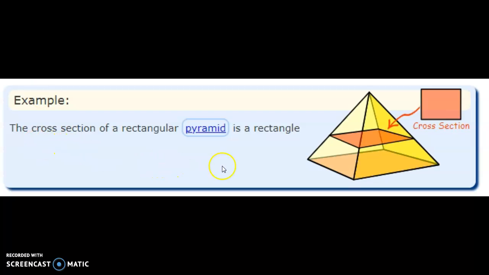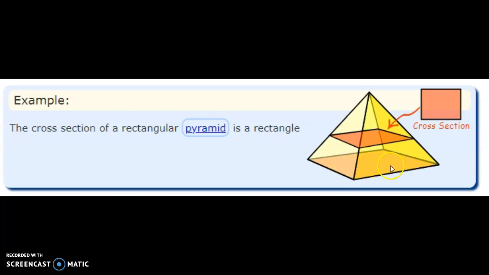Right now, you're looking at a square pyramid, or a rectangular pyramid rather. It's a rectangular pyramid because the base is a rectangle, right? Earlier I mentioned square pyramid. Is that possible? Well, yes, it is.